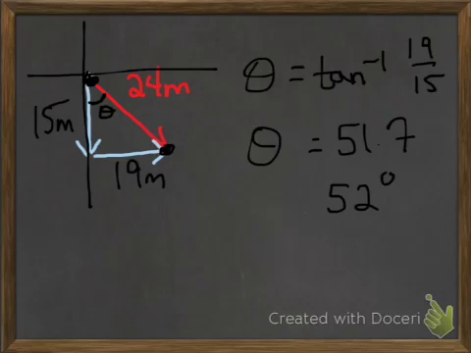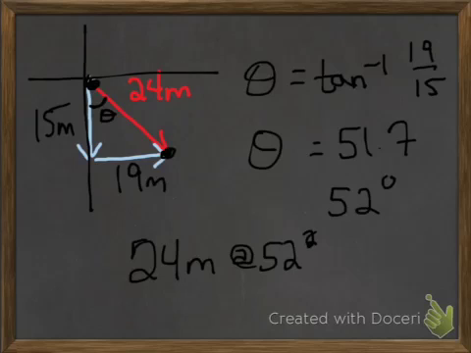So right now we have 24 meters at 52 degrees, and this would be west of south, or we can write it another way.